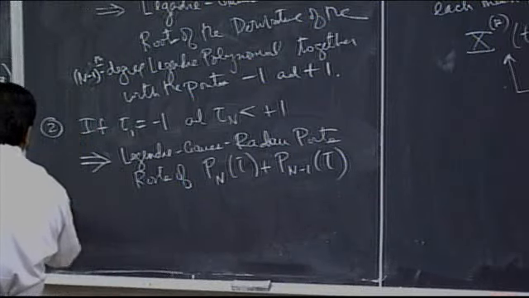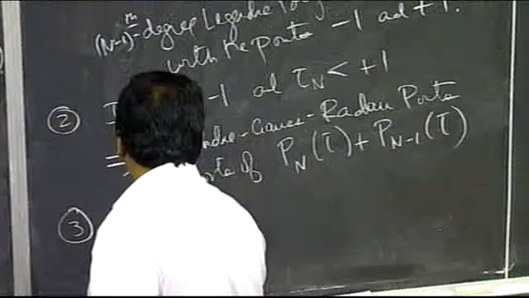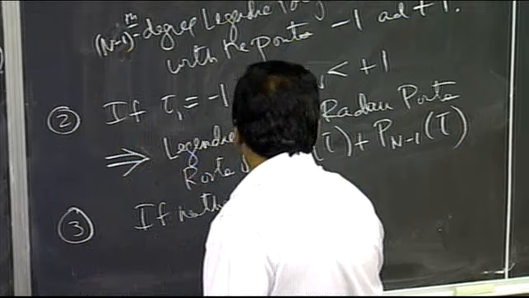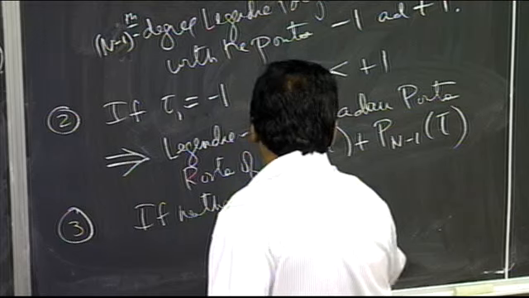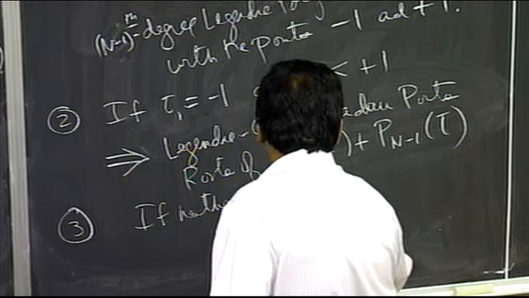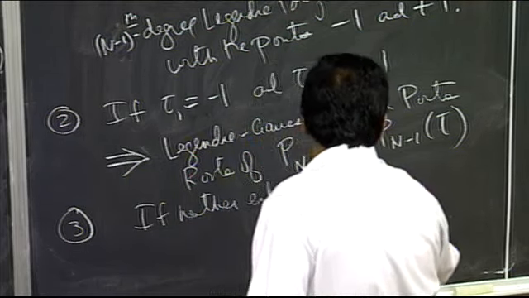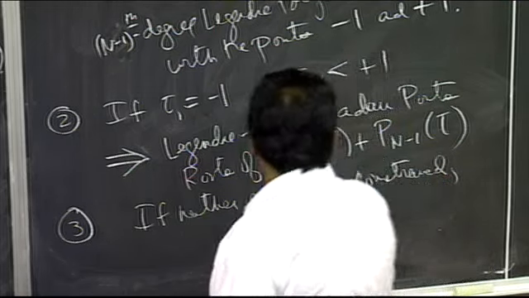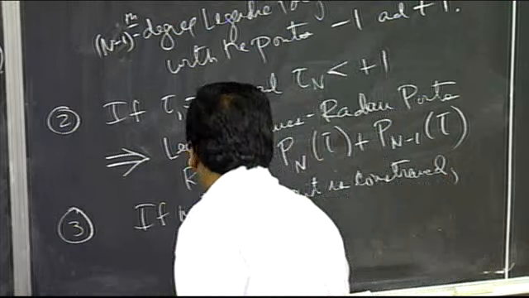The third set is if neither endpoint is constrained, which means that I say tau 1 is greater than negative 1, and tau n is less than plus 1.